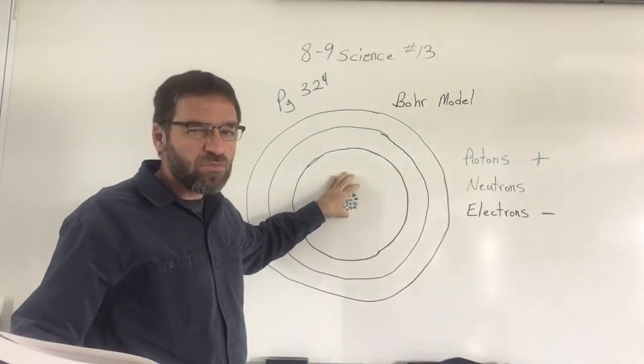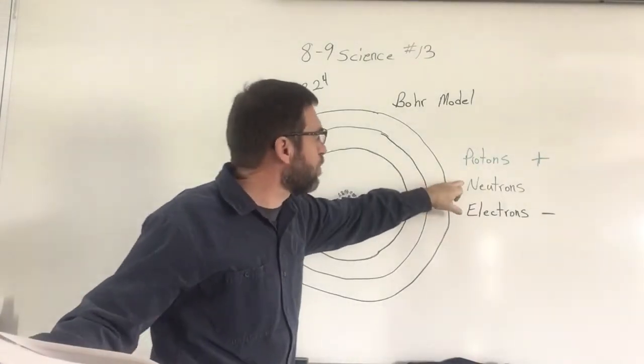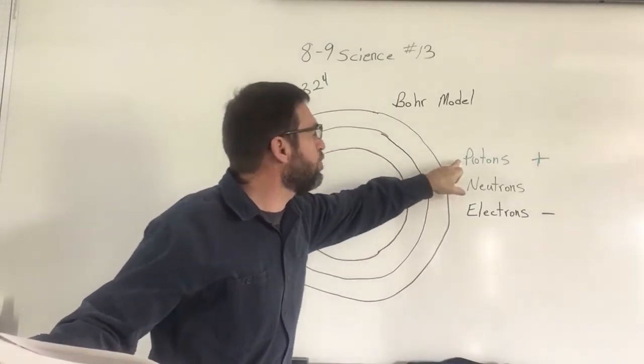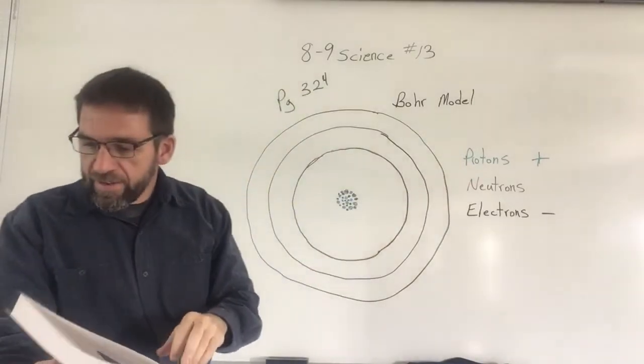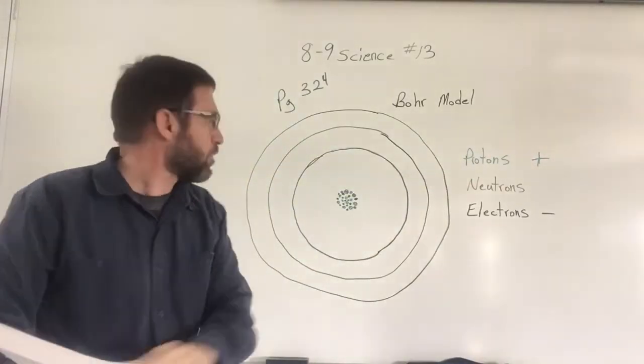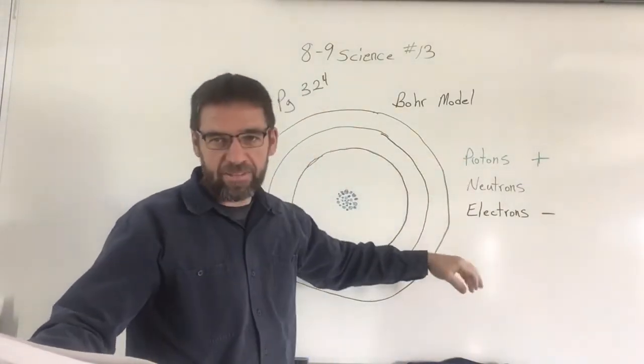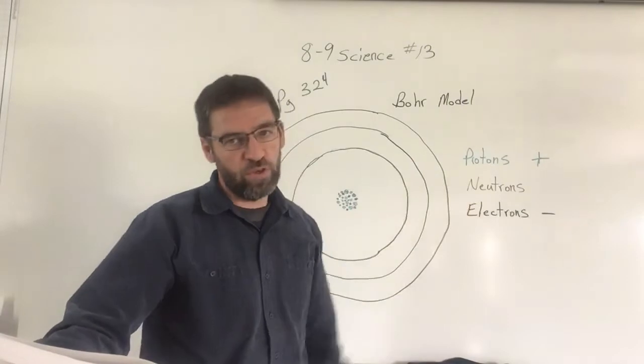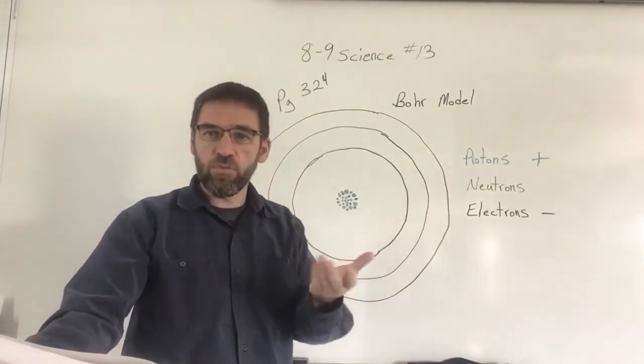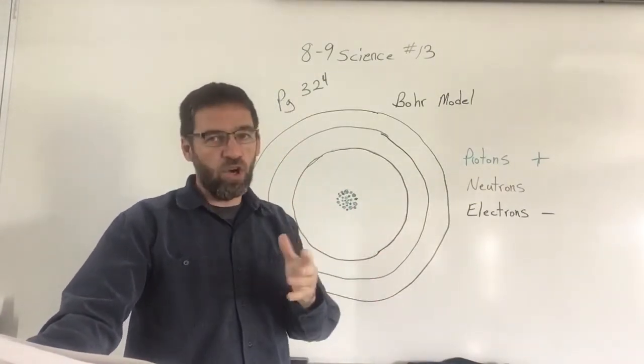So if you want to know how many neutrons there are in here, all you have to do is subtract the atomic number from the mass number, and that will tell you how many neutrons there are. Sometimes they'll be the same amount, but not always.